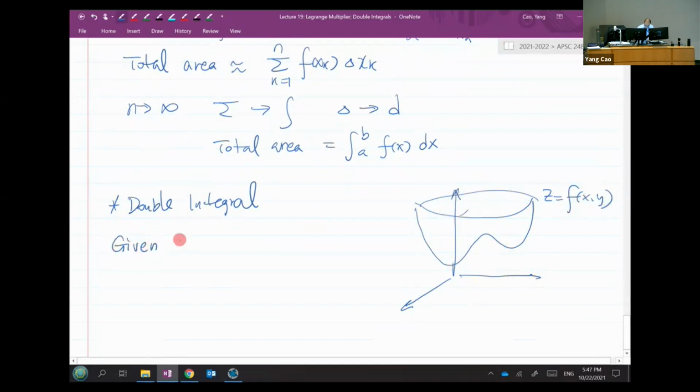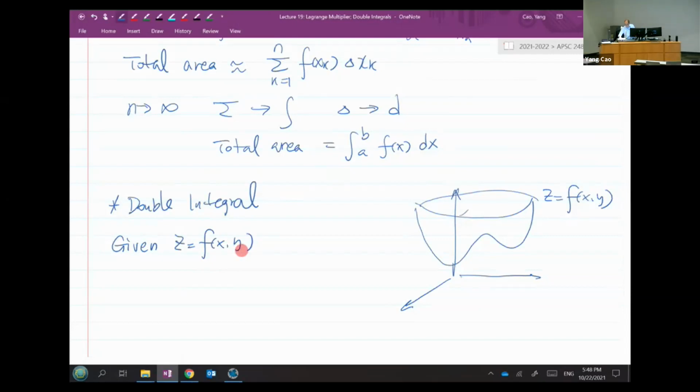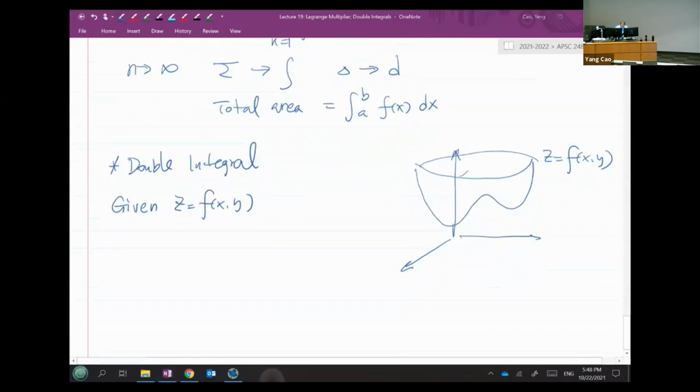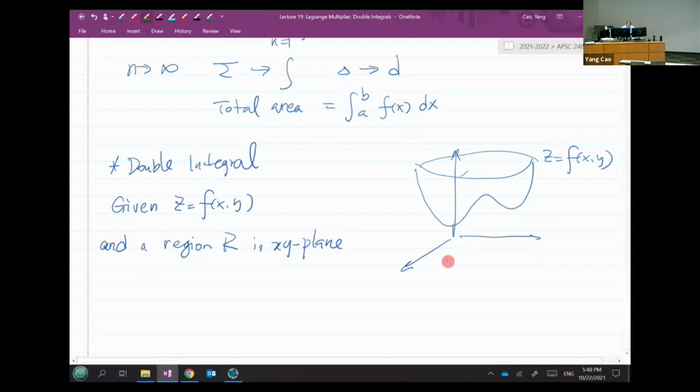Given z equal to f of x, y, and also a region R in the XY plane. Here's the region R in the XY plane. I'm just arbitrarily drawing the region R here.